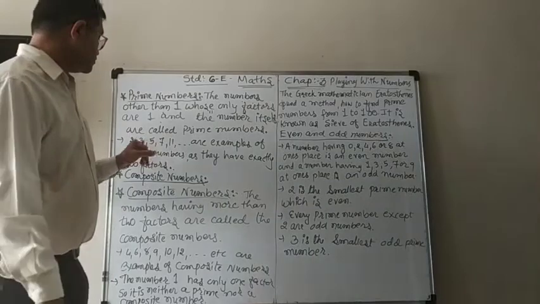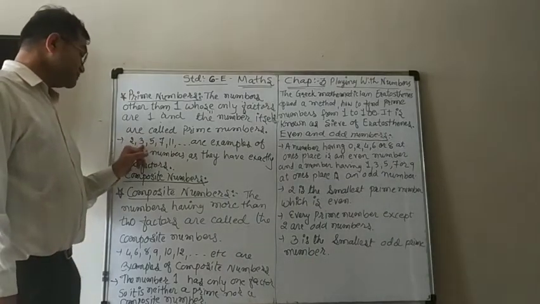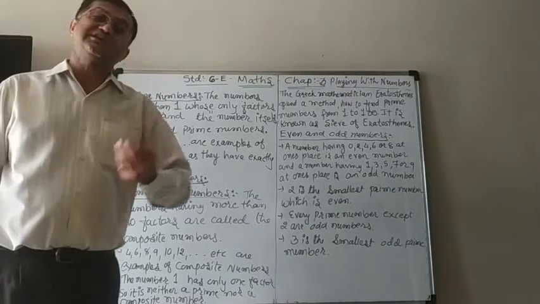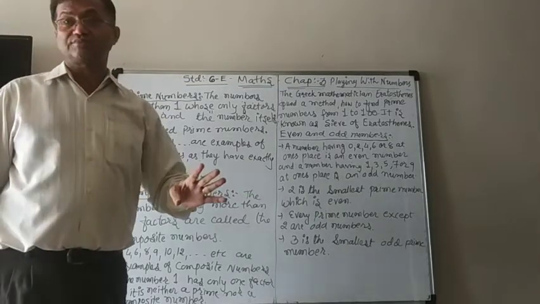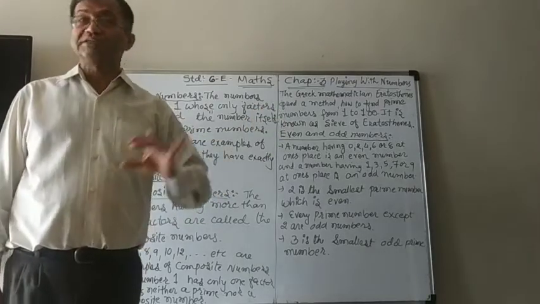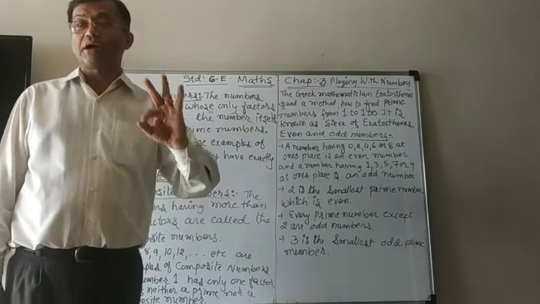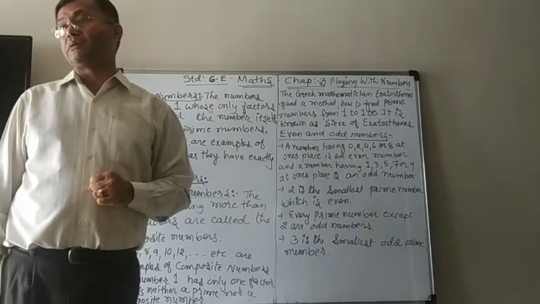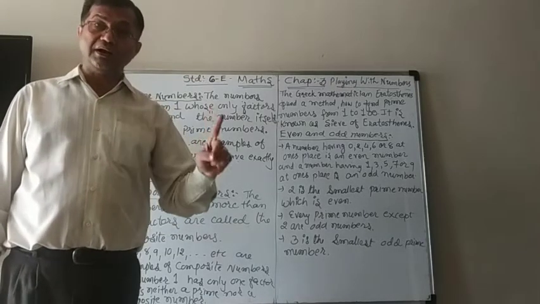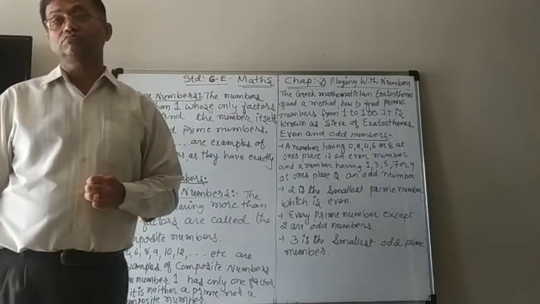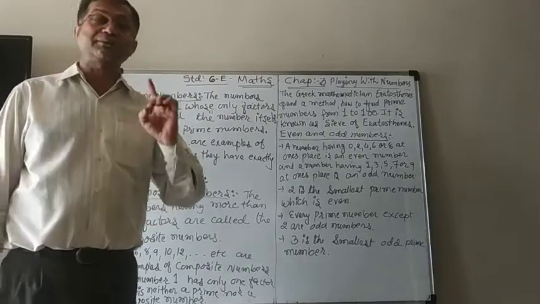So here, 2: 1 twos are 2, or 2 ones are 2. No other factors. So 2 is also a prime number. 3 is also a prime number. But 4 is not a prime number, because the factors of 4 are 1, 2 and 4. There are 3 factors. Therefore it is not a prime number.